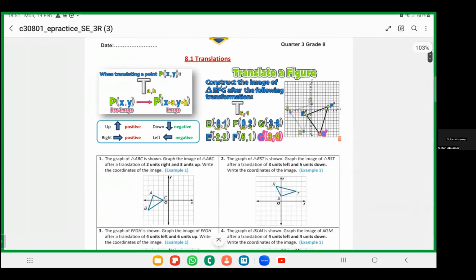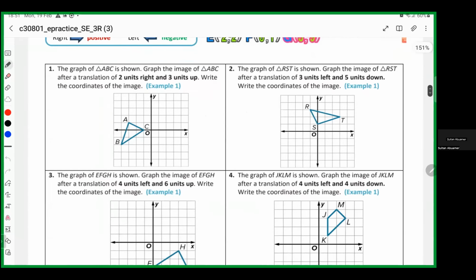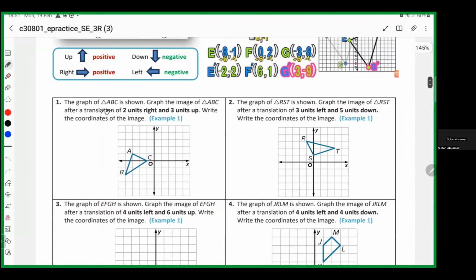So together, 8.1. What did he say here? He just wants you to graph the triangle ABC. He said move it 2 units right and 3 units up.